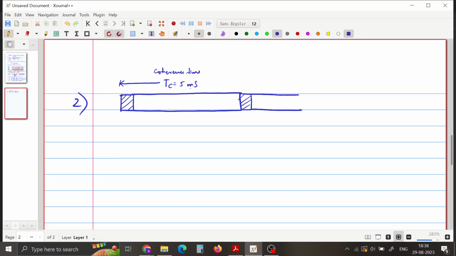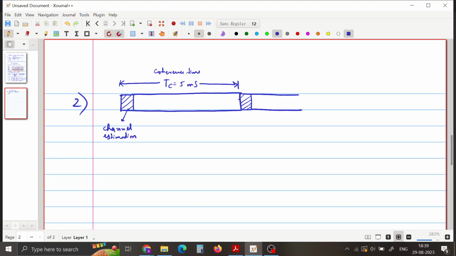It's given to be 5 milliseconds. This shaded region is where you do the channel estimation.